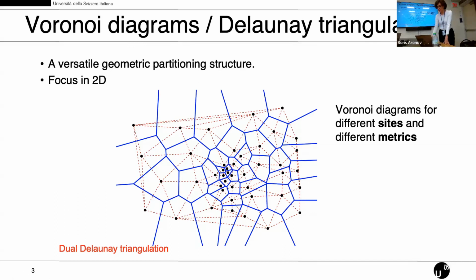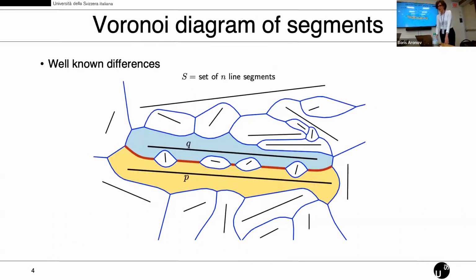So we can define Voronoi diagrams for different sites and different metrics, not only for points in the Euclidean plane. Here you see a Voronoi diagram of segments. There are well-known differences with points. The Voronoi regions are not convex. Bisectors are not straight lines.